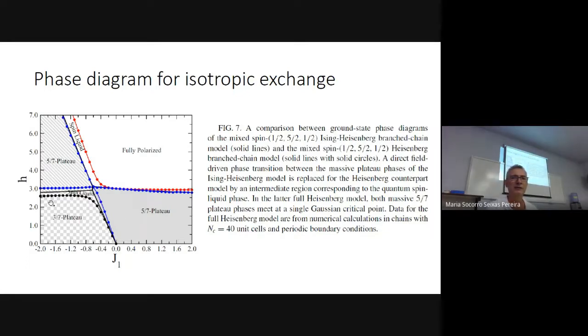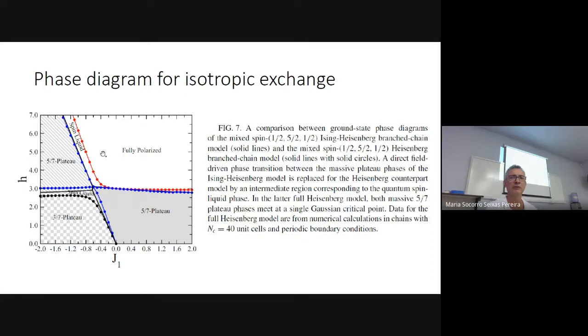And the dots represent the boundaries between the phases in the full Heisenberg version of the model. So what we see basically is that the first order transition between this gap at the plateau phases splits in two second order transition lines, and in between the plateau phases we have a spin liquid phase.